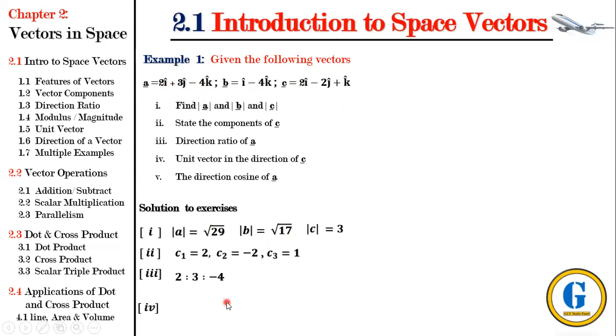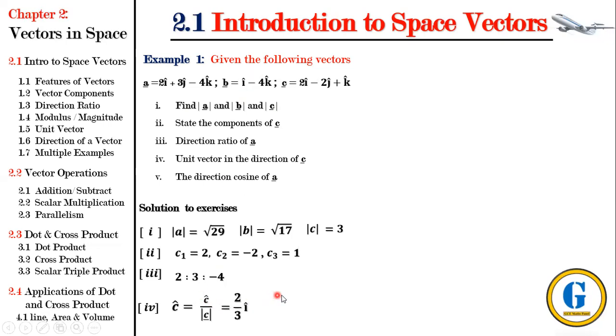Then for part 4, the unit vector in the direction of C, we know that the unit vector of a given vector is given by the vector over its modulus. So that just gives us C over modulus C. However, this C here is not the cap, it's a straight line. Please take notes. This C here is a straight line.